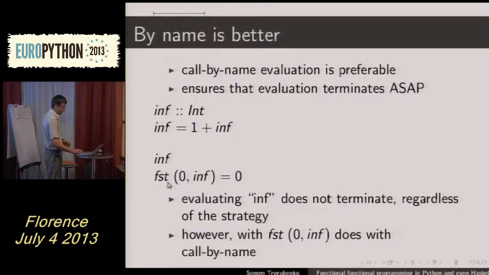If we consider a tuple composed of a finite expression and an infinite expression, since this function only cares about the first part of the tuple, this expression will actually return 0. And it will never evaluate the seemingly infinite expression.